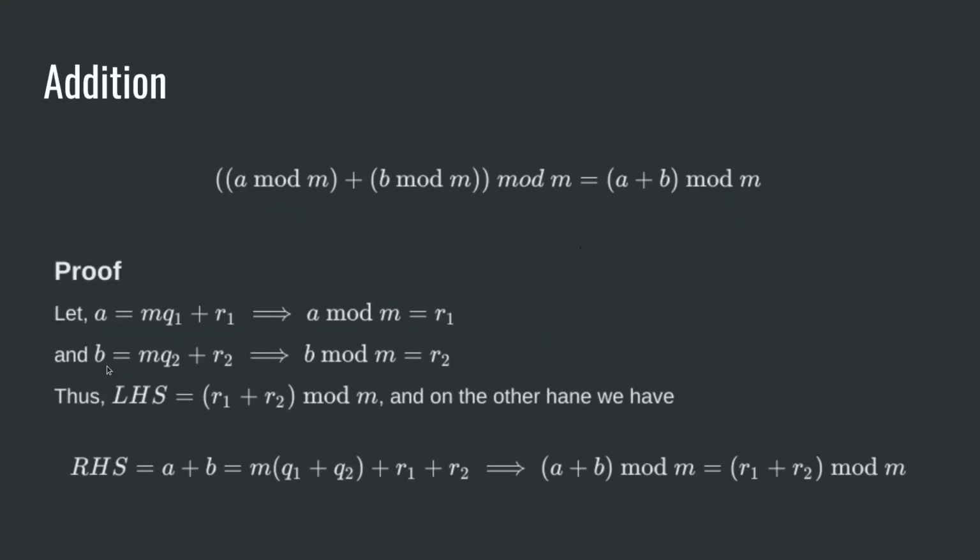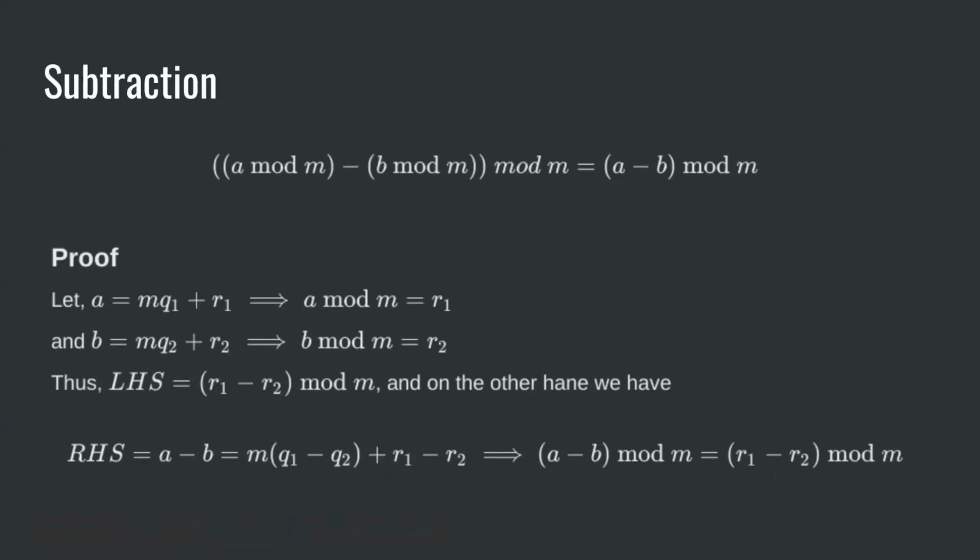And we can write b as m*q2 + r2, so when we do b mod m, we will get r2. So the LHS will become (r1 + r2) mod m. On the other hand, a + b will be m(q1 + q2) + r1 + r2, and when we mod it with m, we'll get (r1 + r2) mod m. So pretty straightforward property. Let's move ahead.